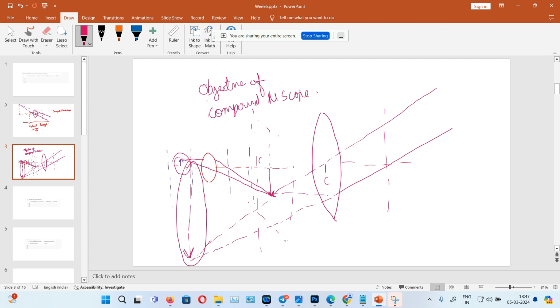So by using two lenses, you make a very big magnified image of a specimen, and this lens is called the eyepiece, because from here we see through our eyes.